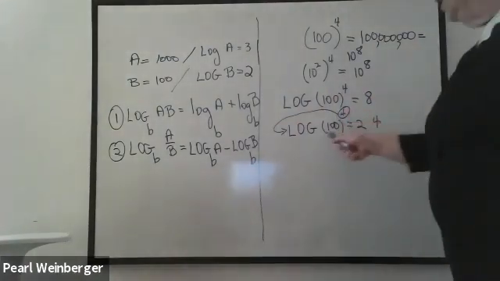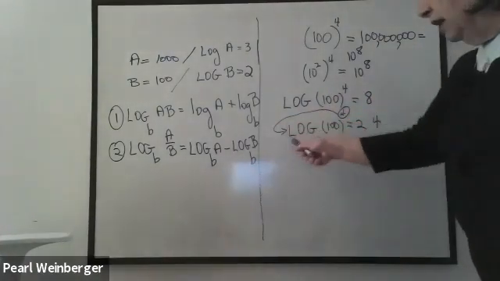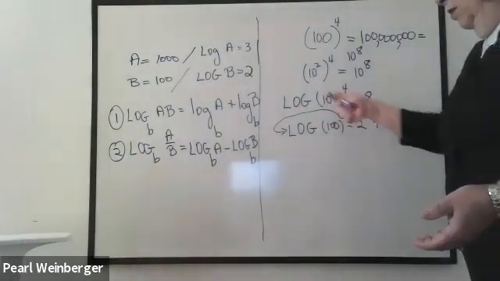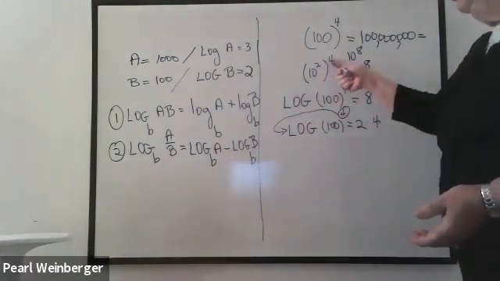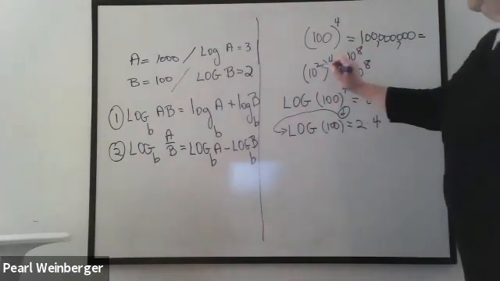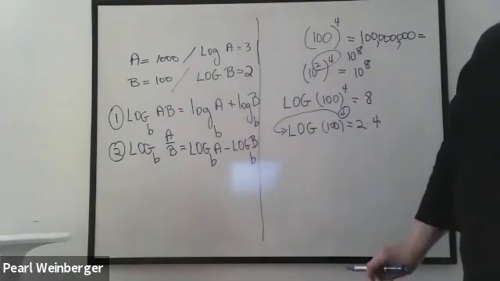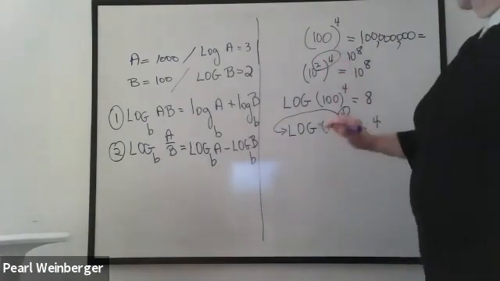Why? Because the log itself is an exponent, and when you have something that originally has an exponent and you raise it to a second exponent, what you're doing to those two exponents is you are multiplying.